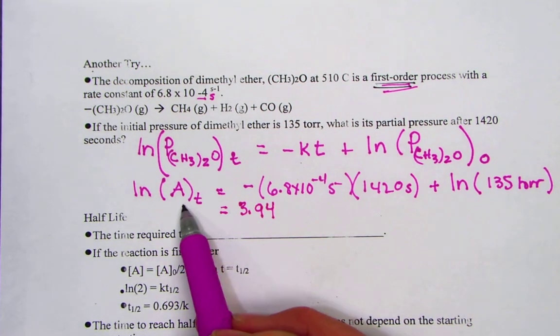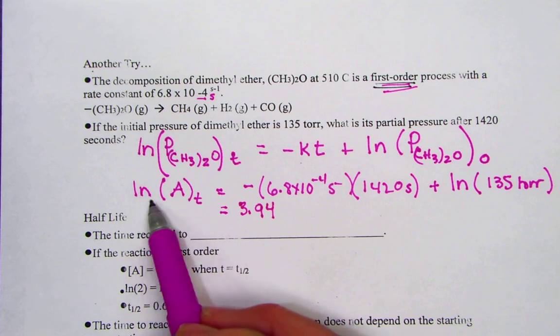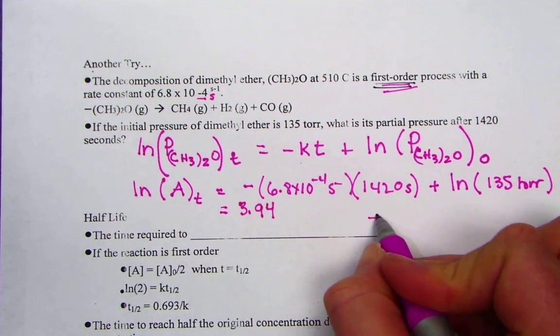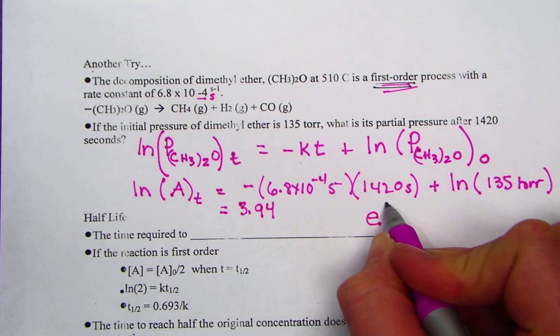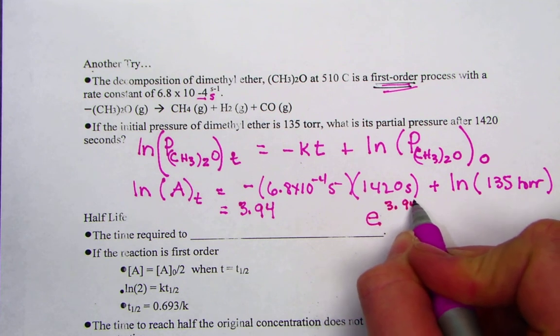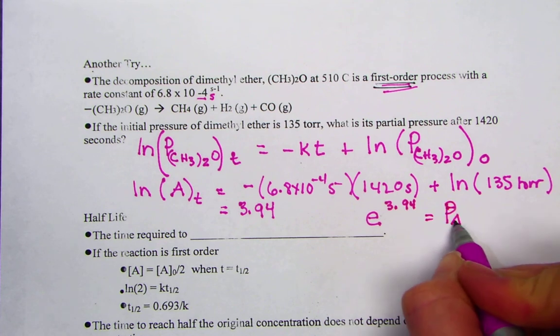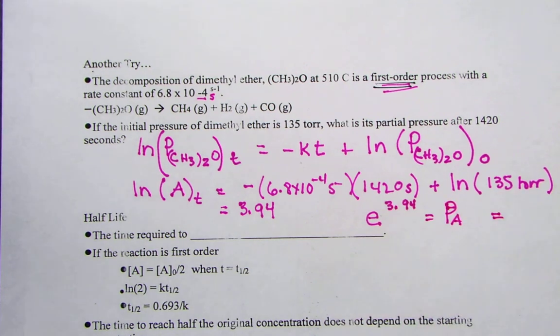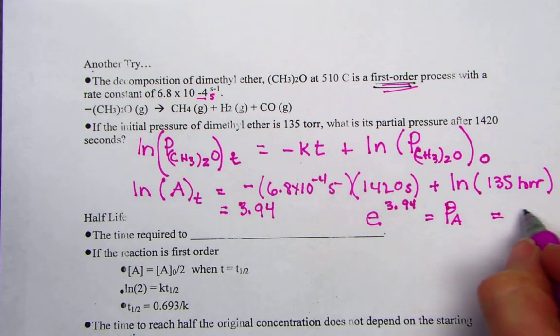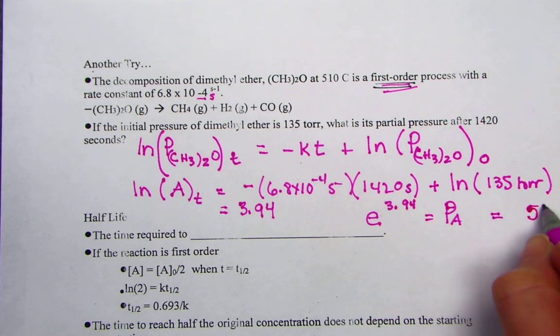We want to know the partial pressure of our reactant without the natural log in front of it. So that's our e raised to the 3.94. So on our calculator, partial pressure of A, I hit second function, ln. Now my screen is saying e caret key. And I'll press in 3.94, close parenthesis, and my answer, 51.4 torr.